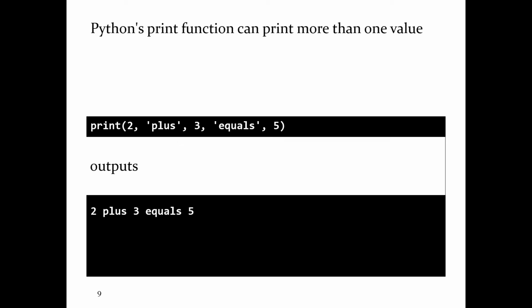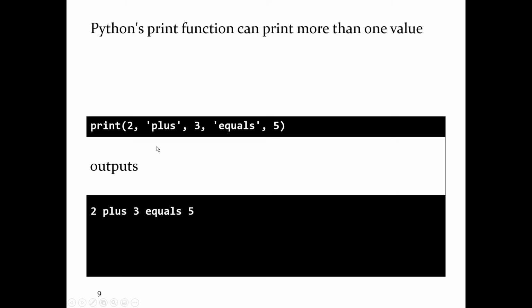Now, printing stuff. Python's print function is actually very powerful. If you want to print one or more values in Python, you simply list the values as arguments to the print function, and you separate them with commas. So print 2 and then plus 3 equals 5.